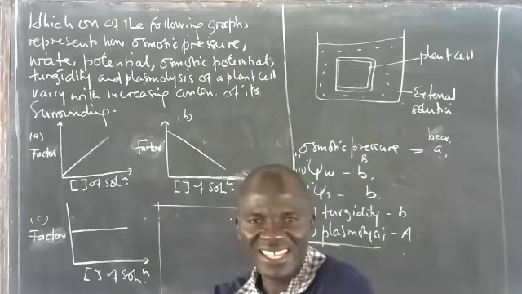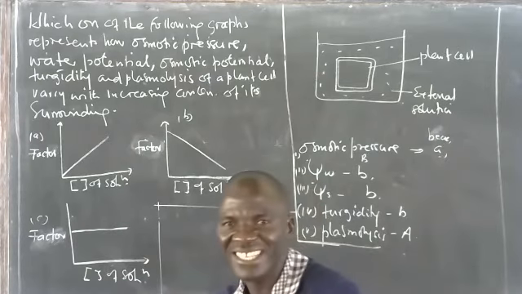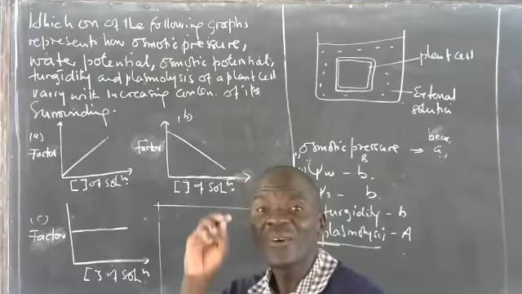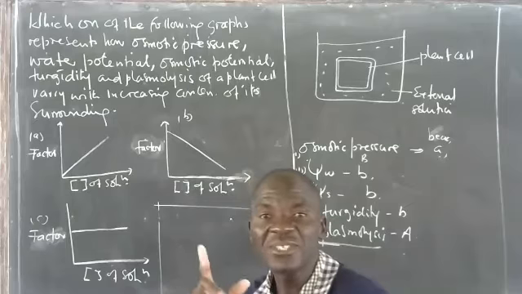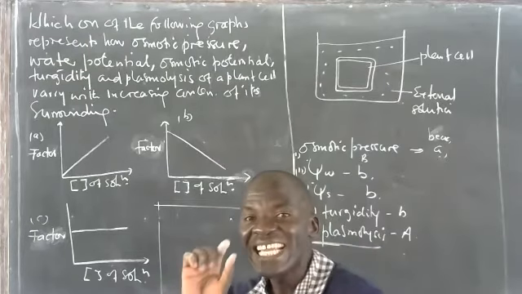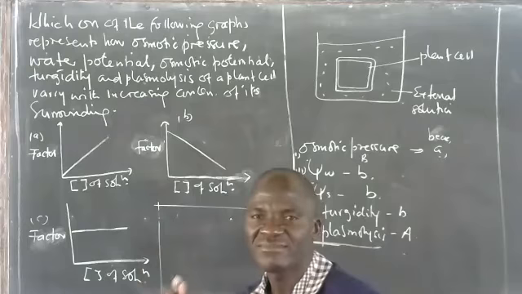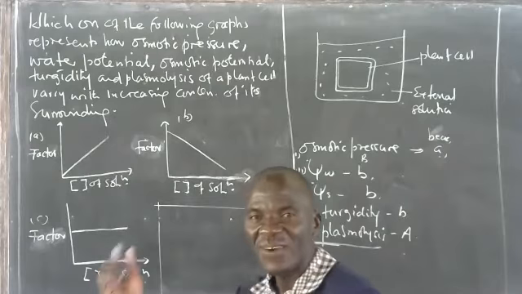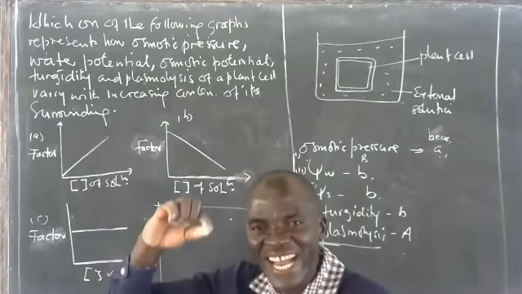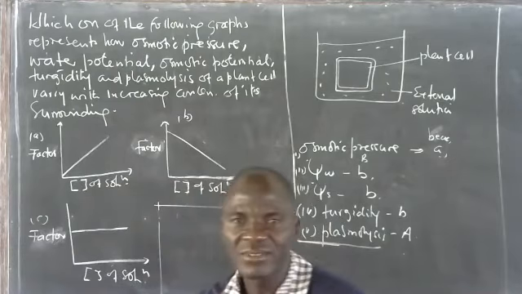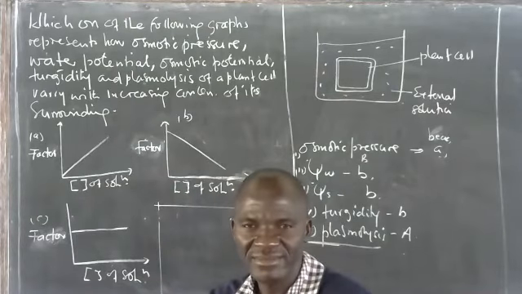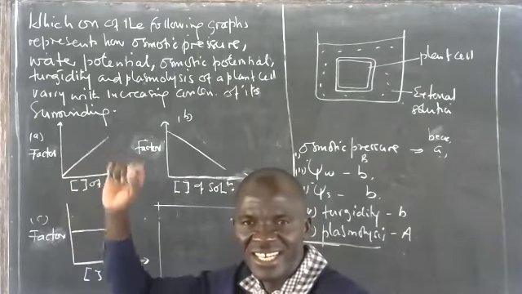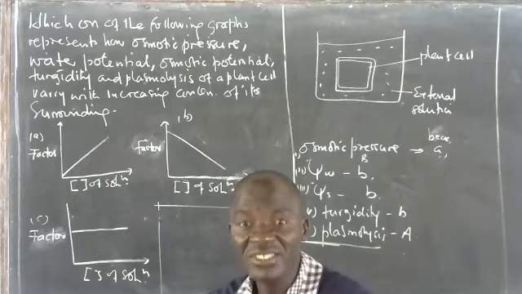And another way it could help you to grasp the thing, just know, since water potential is so clear to you, just know that water potential and solute potential vary in the same way with the concentration. Water potential and solute potential vary in the same trend with the concentration. The higher the concentration, the lower the solute potential, the lower the water potential.